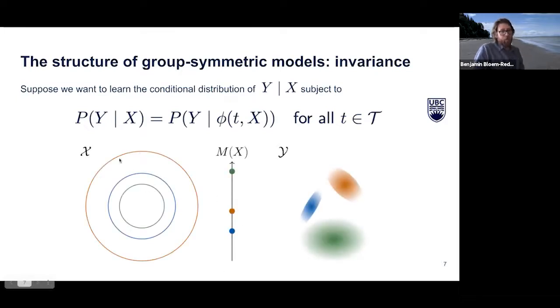So I showed you this a couple slides ago, and these equivalence classes are called orbits. This comes from the group theory literature. If we look at these equivalence classes of x's, this is any value in input space that I can get by applying a transformation in my set of transformations, my set T. The idea is that we want the conditional distribution of y to be the same no matter where I am on this orbit.